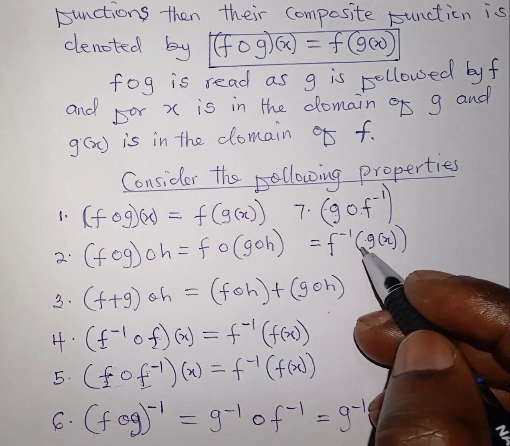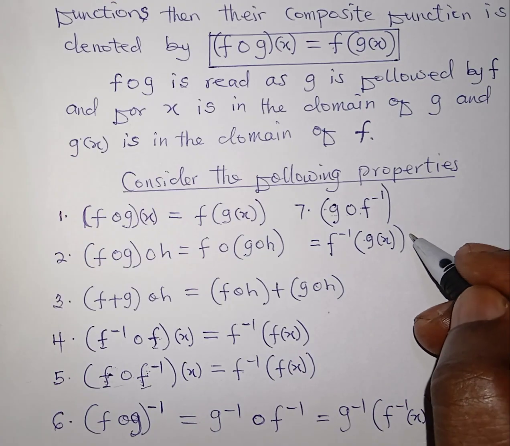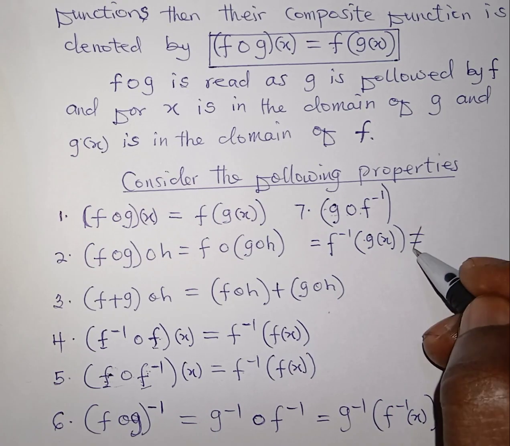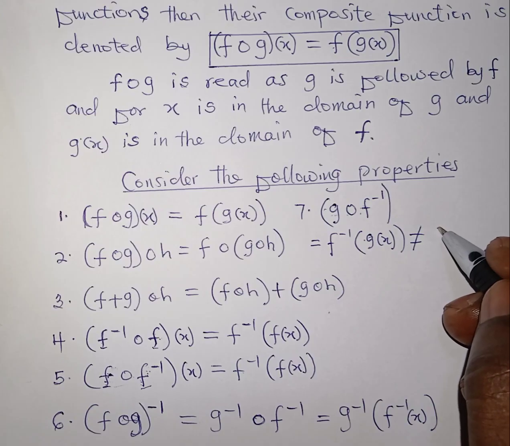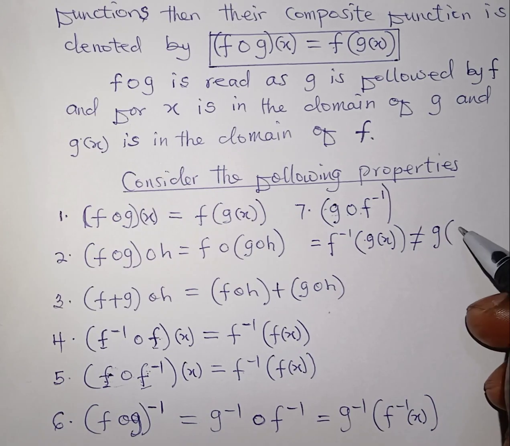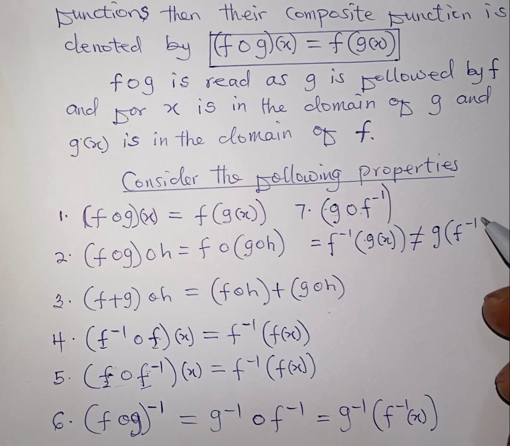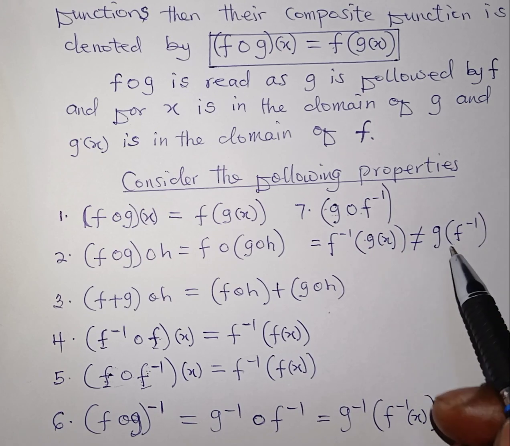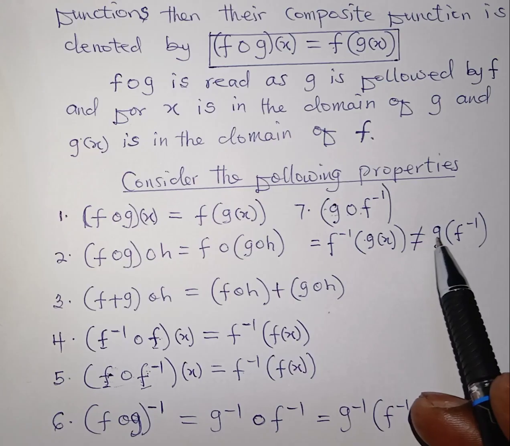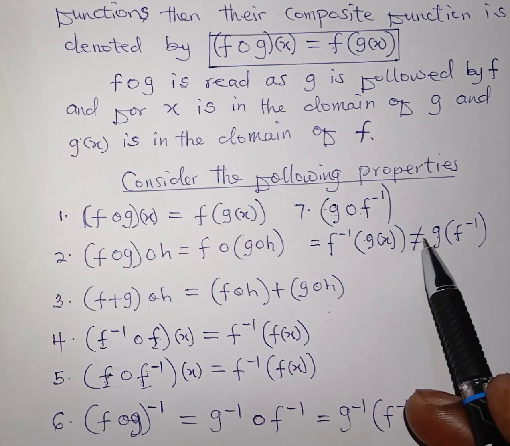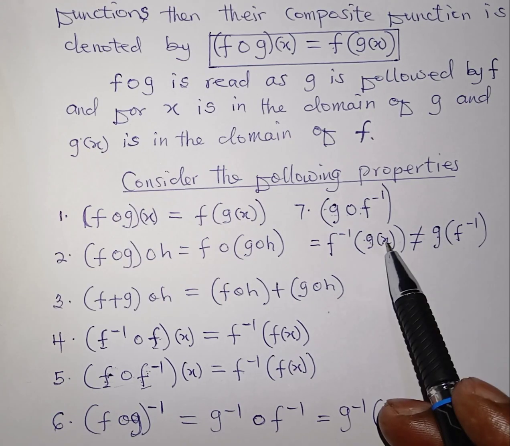So it is rather supposed to be J and then the inverse. So it shouldn't be equal. Have you gotten the point? Good. So you see that this and that will not be the same.